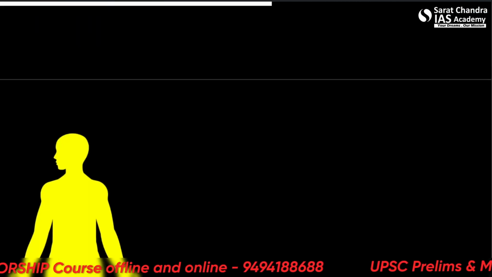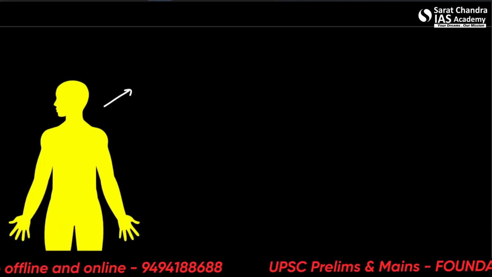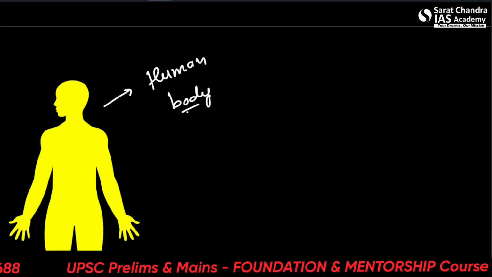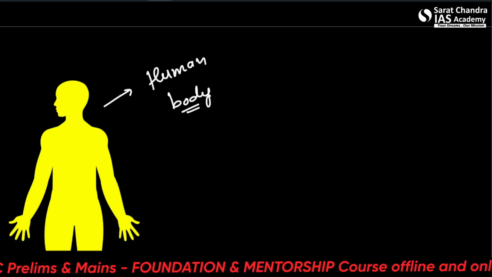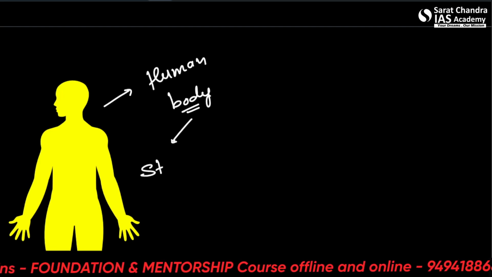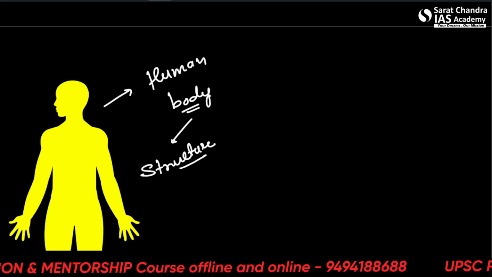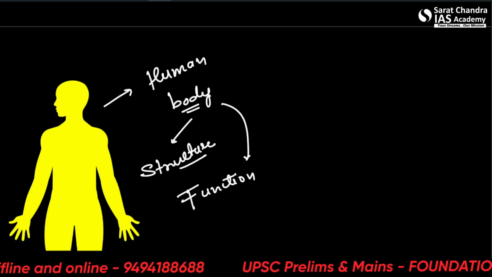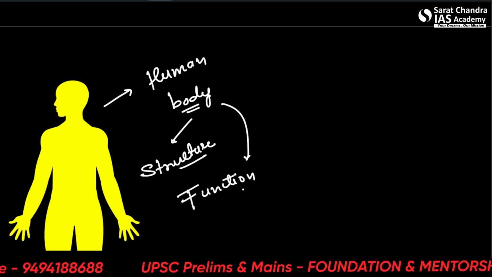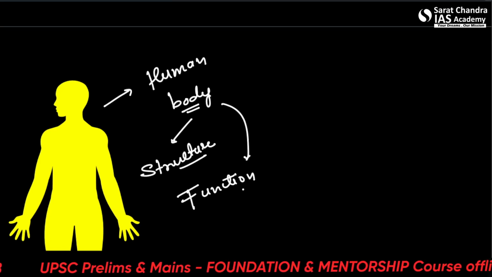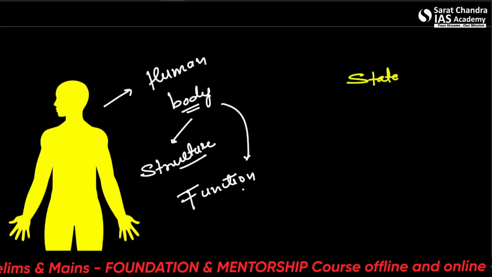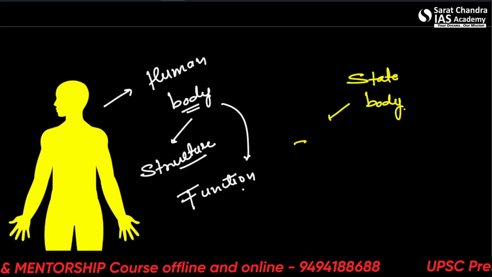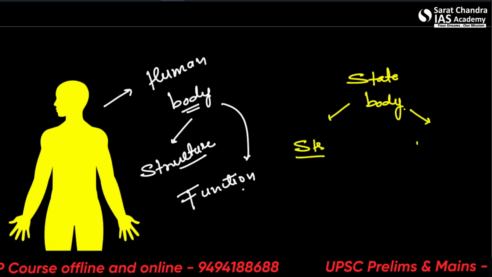First of all, let us define a body. So this is a human body, let's say. A human body or any body has two things. One is a definitive structure, and the second thing is function. In a similar way, any organization or body of the state or the government has two things: structure and function.